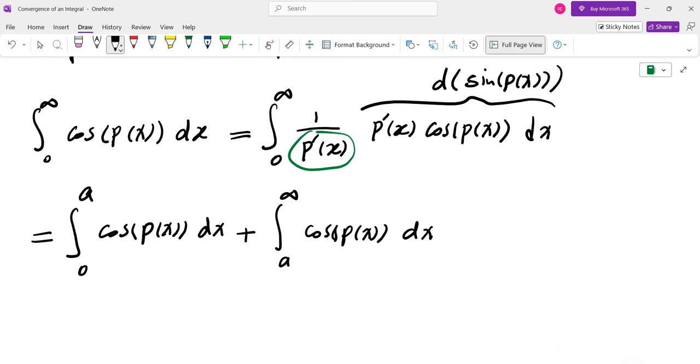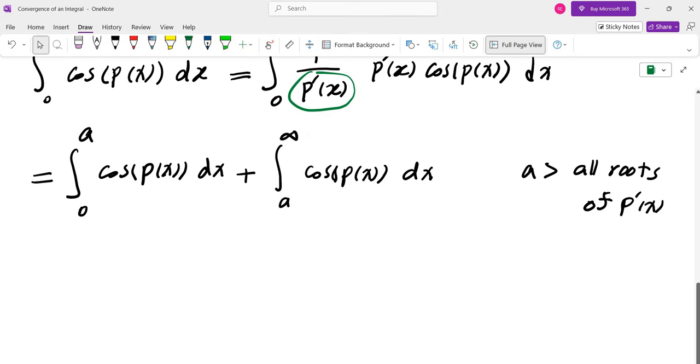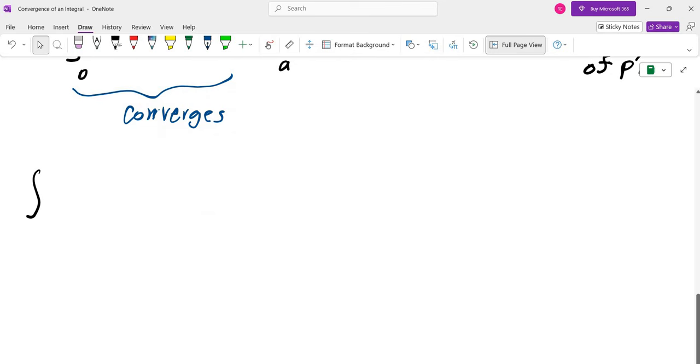And this a is larger than all roots of p prime of x, so that I can avoid the zeros in the denominator. Now clearly this one converges, so what I need to do is to check if the second one converges. So now I'm dealing with the integral from a to infinity of cosine of p of x dx.